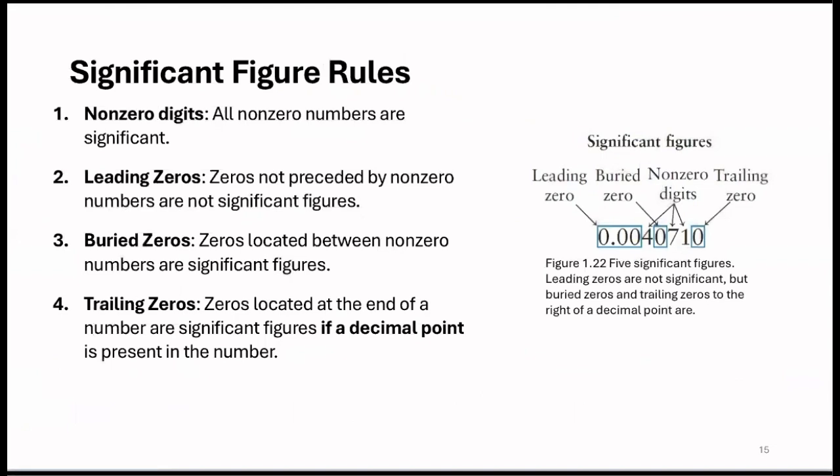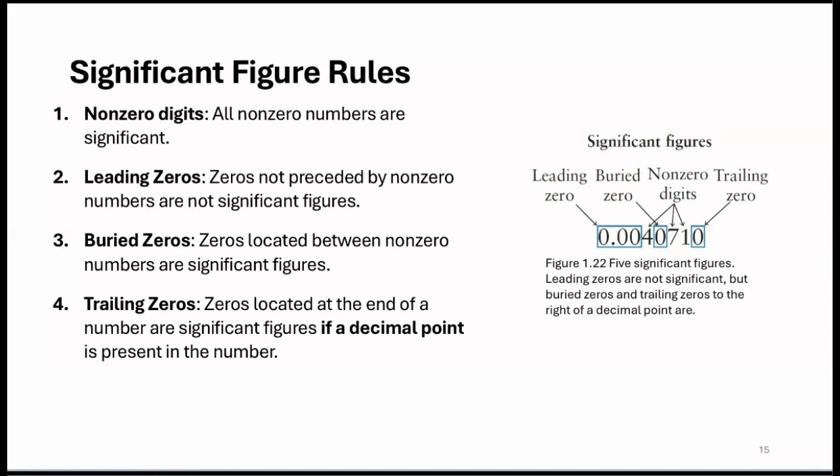If we have collected measurements, there are actual rules to determine how many significant figures are present in that measurement. The 4 rules that are utilized to determine which digits in my measurement are going to carry meaning are outlined on the left side of the slide. Let's go through each of them.